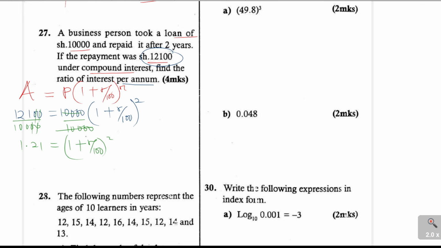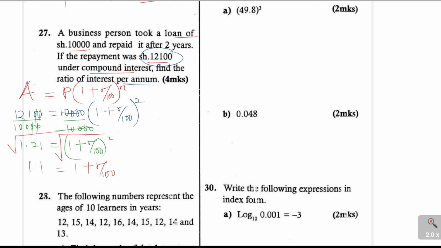So we want to get rid of the square. So we get the square root of both sides. So you get the square root of 1.21. The square root of 1.21 is 1.1. Then when you get the square root of the right hand side, the square sign will disappear.